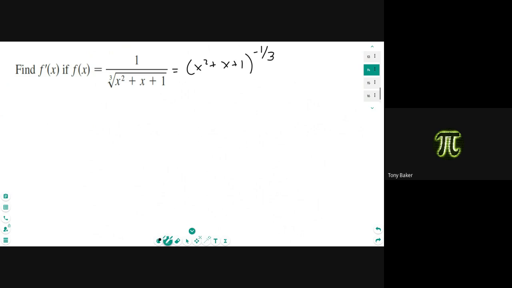No, that's why I changed it to that. I didn't want you to have to think, oh, I have to use the quotient rule, because it is. Remember, if there's only a one or something like that at the top, if I can move it up to the top to get a negative exponent, it saves me that extra step. Later, yes, not now.